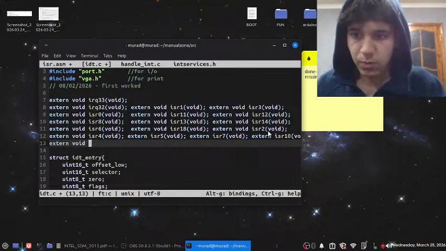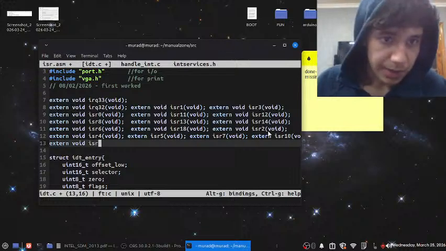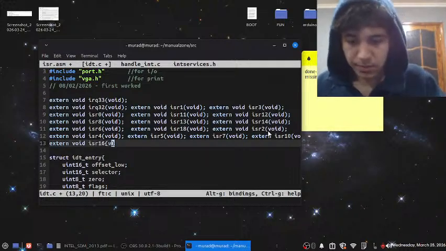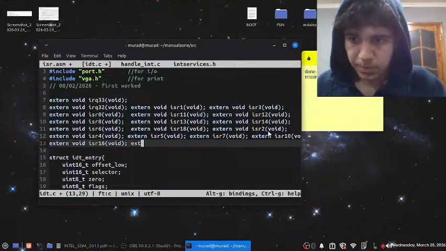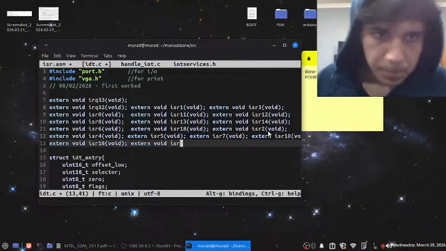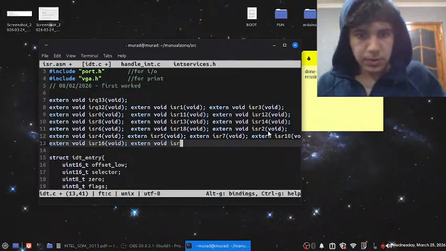External void ISR 10, ISR 16 void. ISR external void 16 and 17.